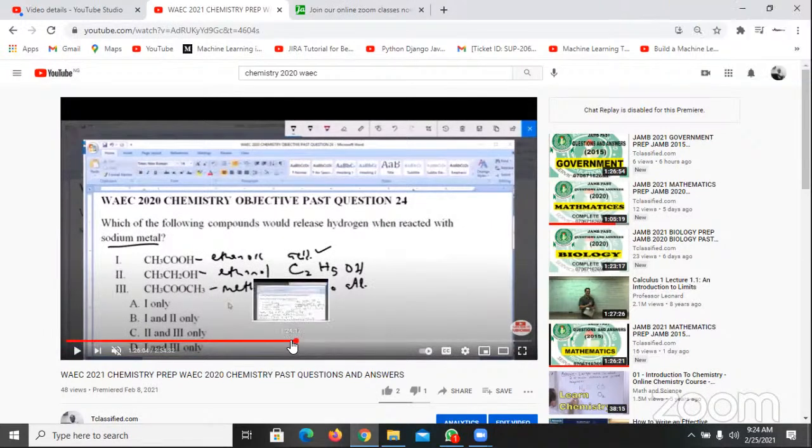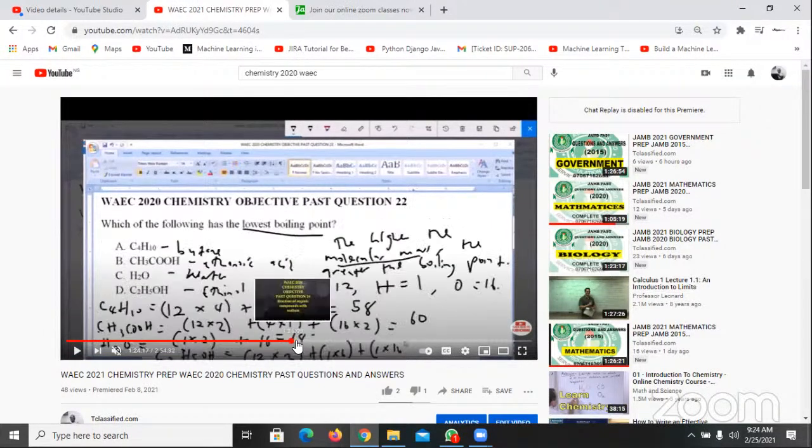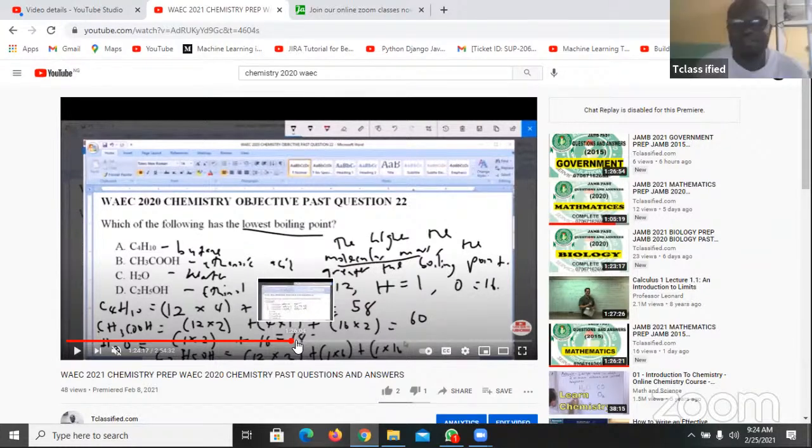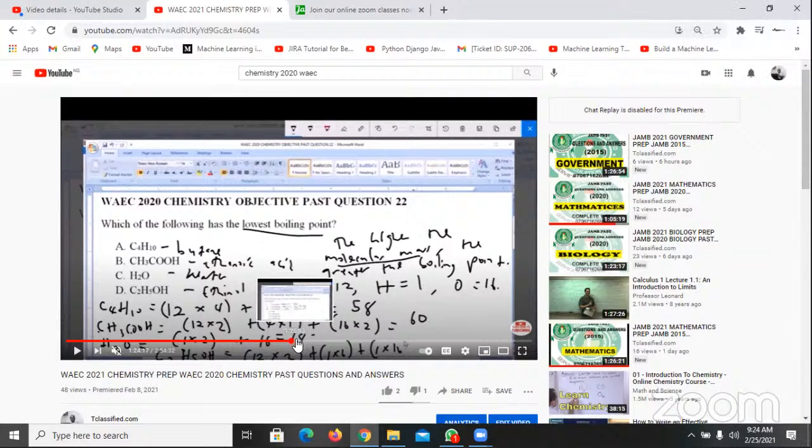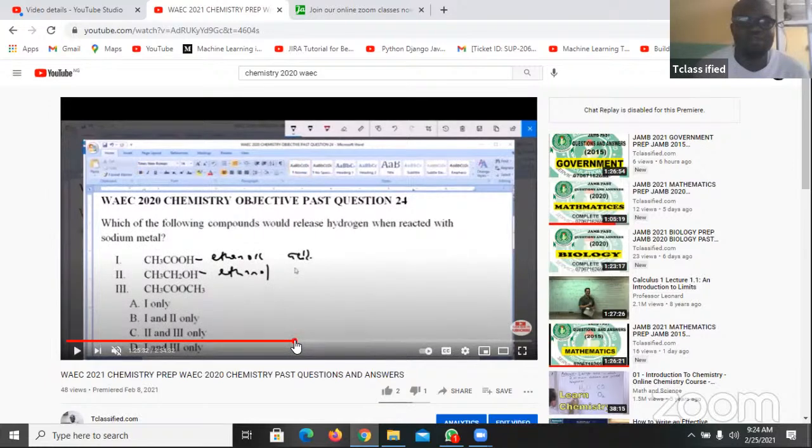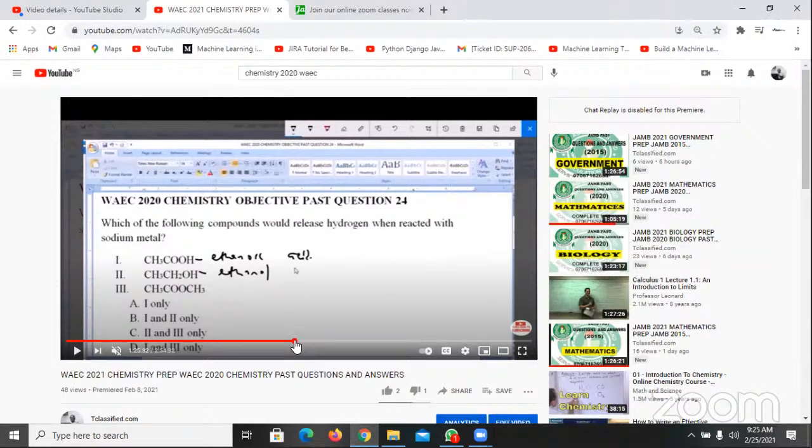Are you clear on that? If they're the same functional group, you would then do the calculation with the normal relative molecular mass. You only use that if they are of the same functional group. So can we move forward?